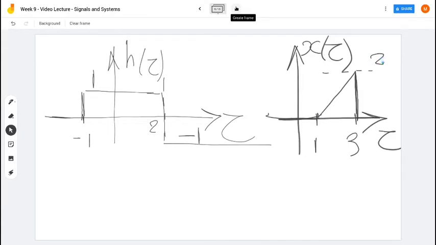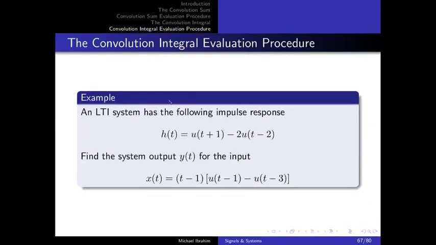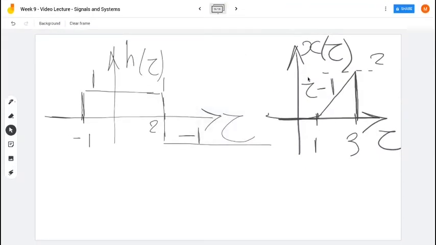And the equation for this straight line is t minus 1, but now since we have replaced t with tau, it's tau minus 1. So let's go back. Now we have an LTI system with impulse response h of t, x of t. We have drawn x of tau, h of tau. Now we need to do the convolution. So let's go back to our whiteboard to carry on with the convolution.